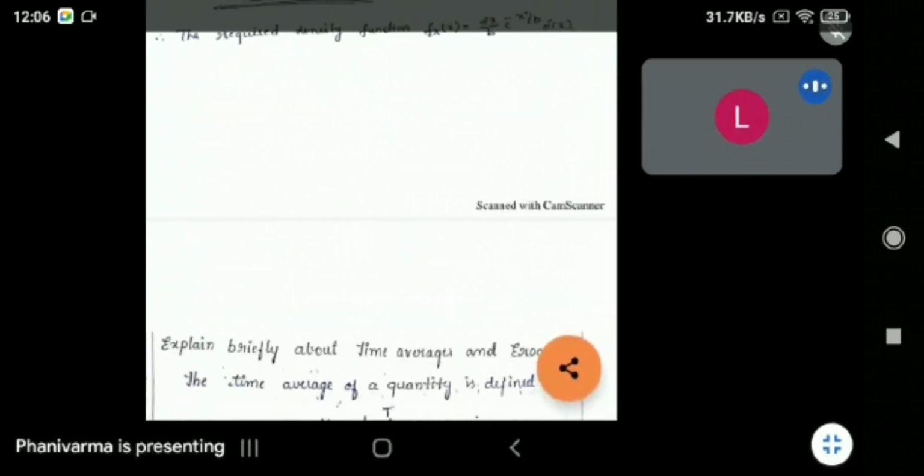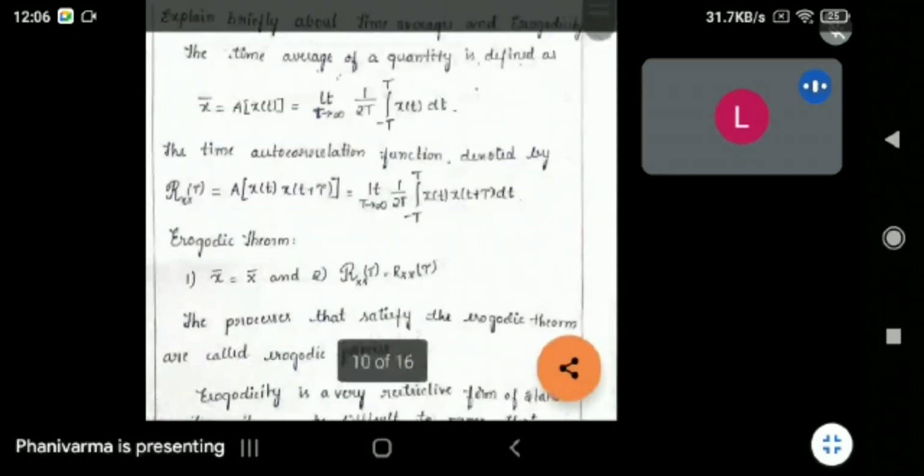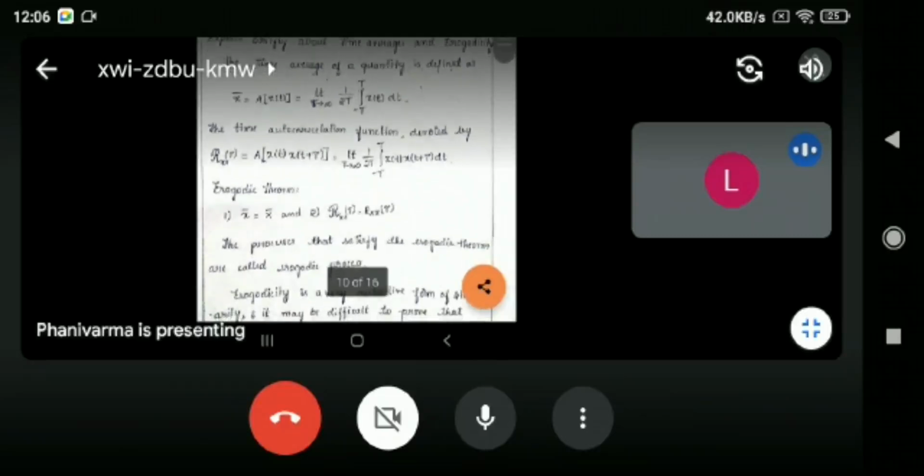Next one is explain briefly about time averages and ergodicity. So what we need to do is that we need to write it in brief about the time averages and ergodicity, its equations, its definitions, and its theorems and everything.